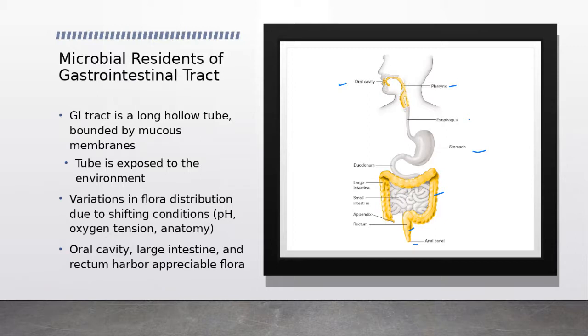They usually also have normal flora that live on this side, so they become a habitat for some normal flora. Therefore, mostly the oral cavity will have a lot of normal flora that stay in this area, and also the large intestine, which is the second organ of the GI tract that has many normal flora living on it.